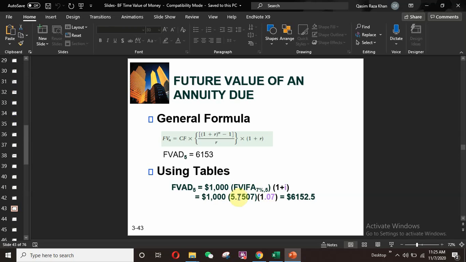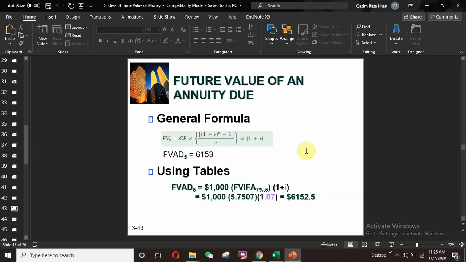So 1000 multiplied by 5.75 multiplied by 1.07, so we are getting a similar amount, almost 6,152. Both amounts are the same, so you can use any method to find the future value. Both are okay, it's up to you.